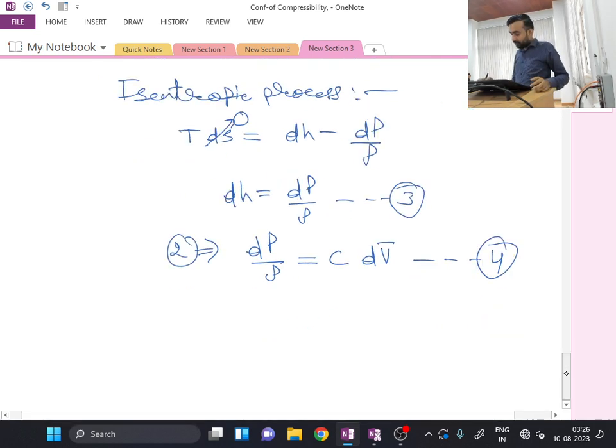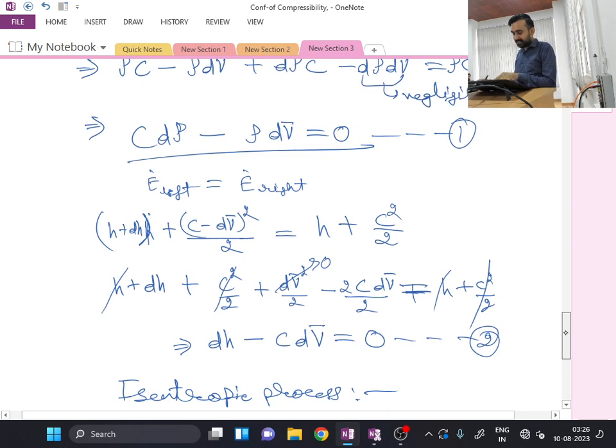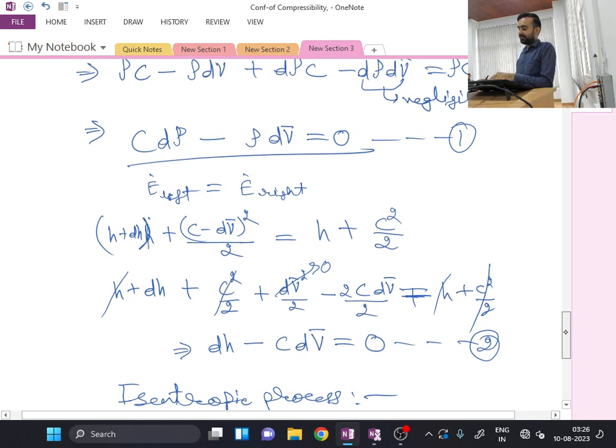Now another thing, you have C into dV bar in equation number 1. So from equation number 1, dV bar you can write as C d rho by rho. What will be the value of dV bar? C d rho by rho.